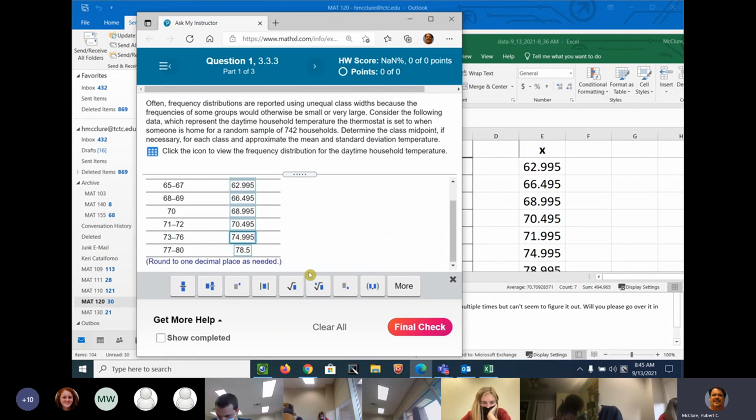74.995. Says round to 1 decimal place. Really? 78.99.78 would round up to 79. See, that's not even right. 74 would be 75.